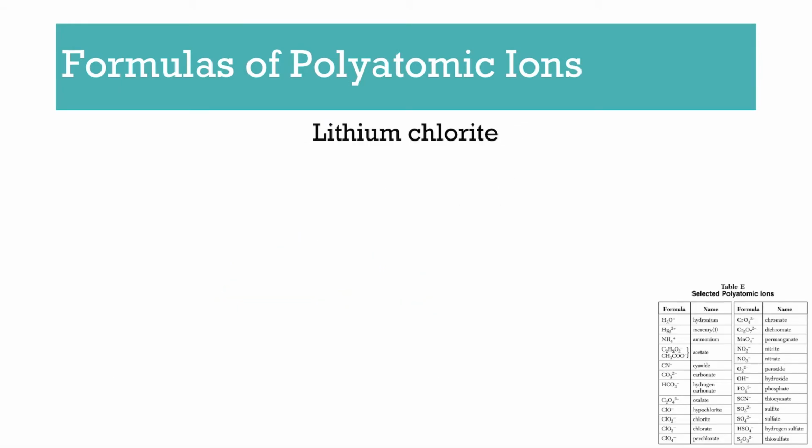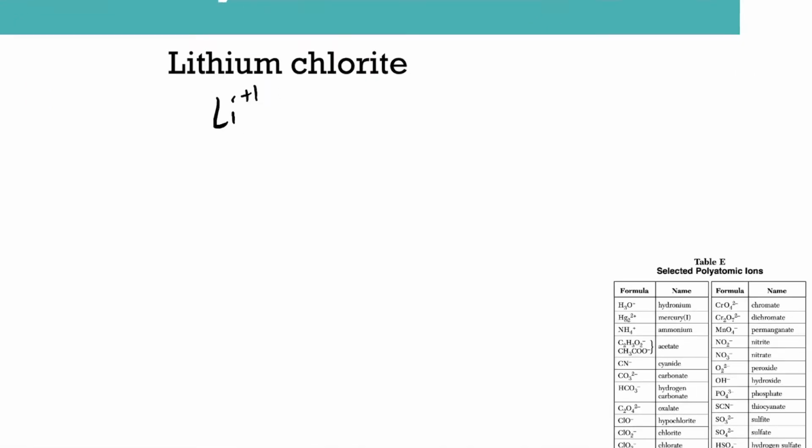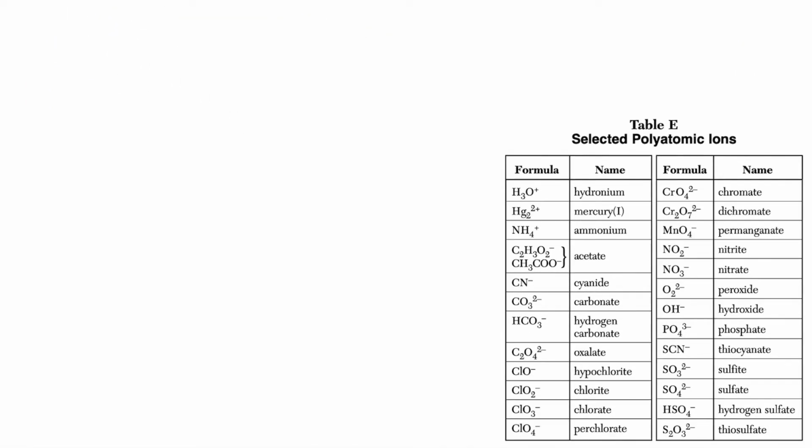Okay, so let's try this one. Lithium is +1. Now chlorite, I don't know what that is. Let's go ahead and check table E. So you want to be very careful because some spellings look very similar. So you have chlorate, chlorite, so be careful with that.